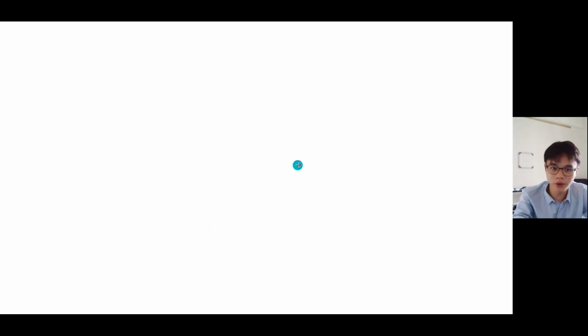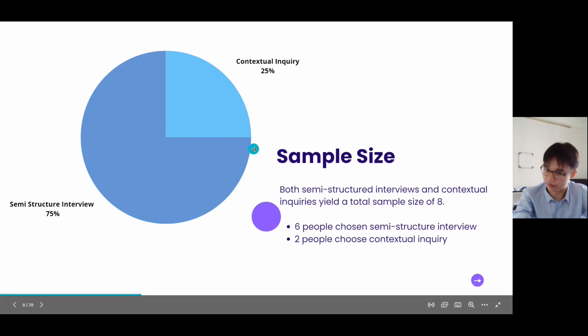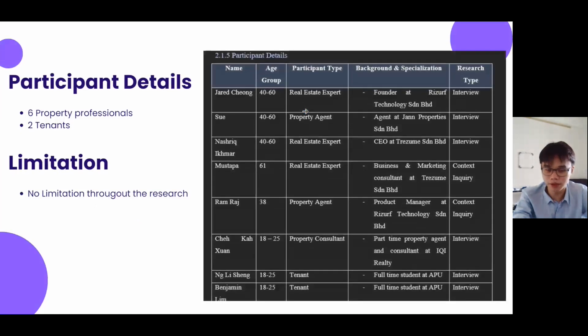So let's move to sample size. Based on all the surveys, we have successfully collected 8 samples in total. 6 people chose the semi-structured interview and 2 people chose the contextual inquiry, which is 70% and 25%. Let's move to the participant details.